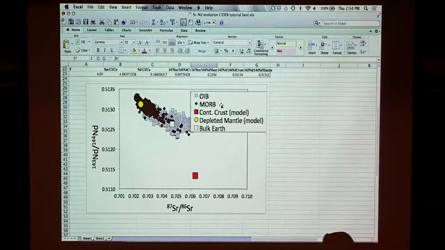Can I just stop for a second? Yeah. If you're interested, it's not whether or not you believe the Earth looks like X, Y, or Z, but it's a very, very typical, common starting point that people will say, let's assume the Earth is a C1 chondrite. It has the best match to the sun.